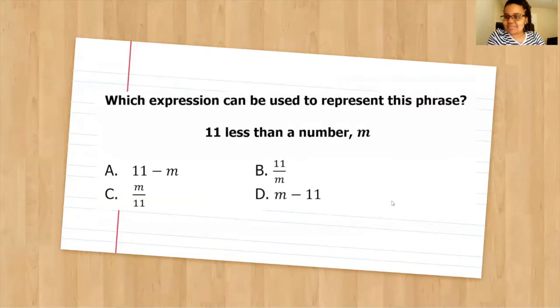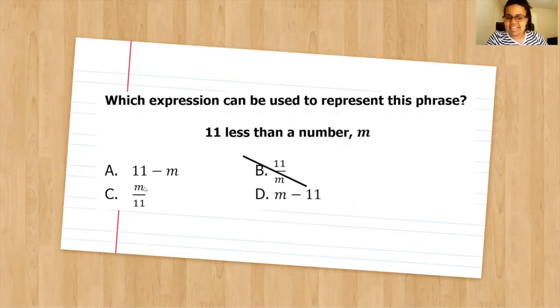All right, and this final problem that we'll look at together says which expression can be used to represent this phrase? 11 less than a number, and that number is going to be represented with the variable m. So the first thing I see is b. B says 11 divided by m. That won't work.